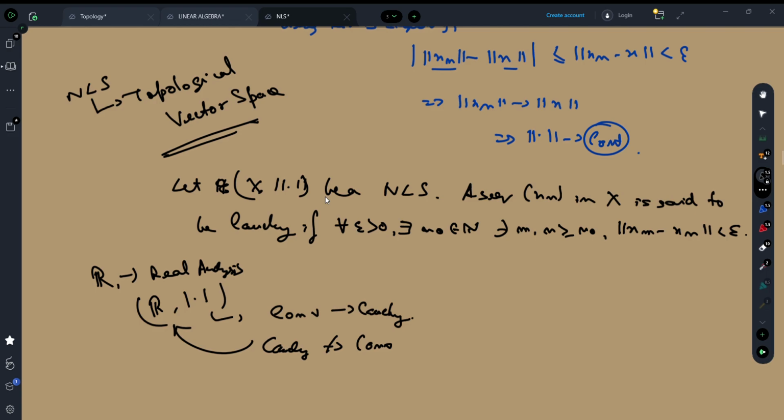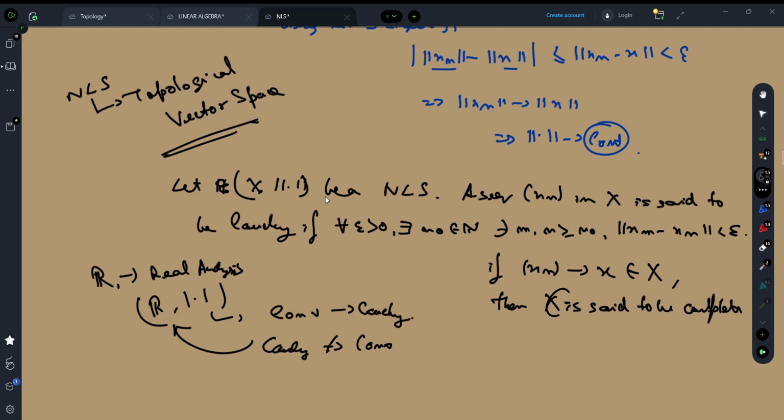So if you have a certain normed linear space such that every Cauchy sequence in it converges to some element which is in that very set as well, that is, if xn converges to some x which is still in X, then X is said to be complete.